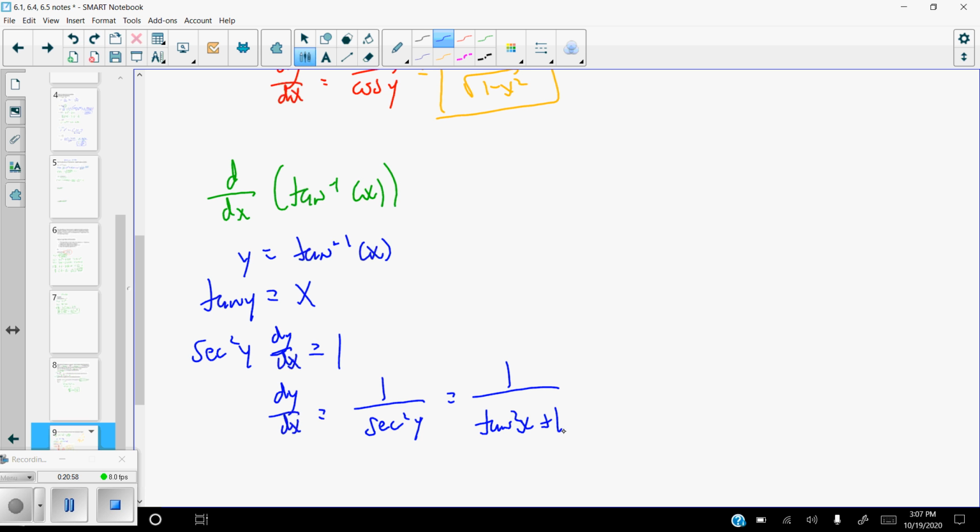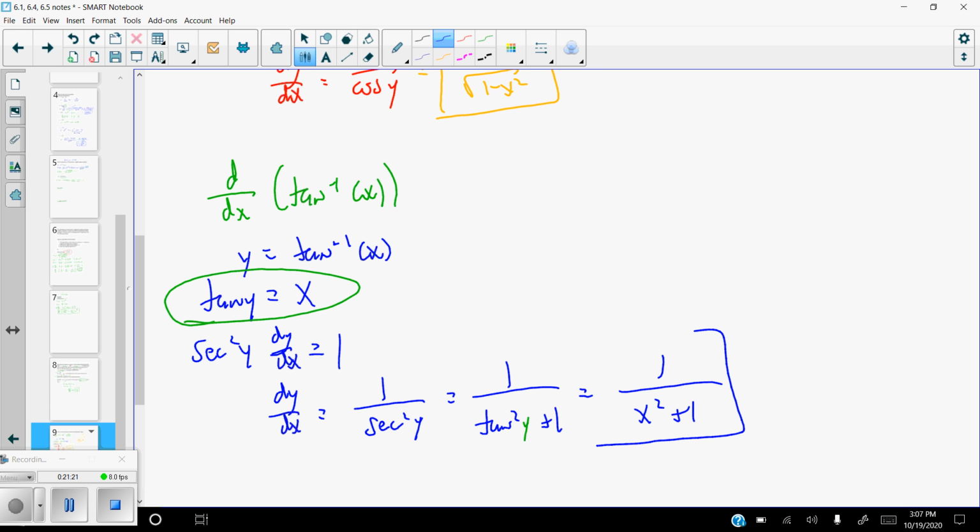And tangent y is defined to be x. I'm getting ahead of myself. So we get 1 over x squared plus 1, because tangent of y was defined to be x.